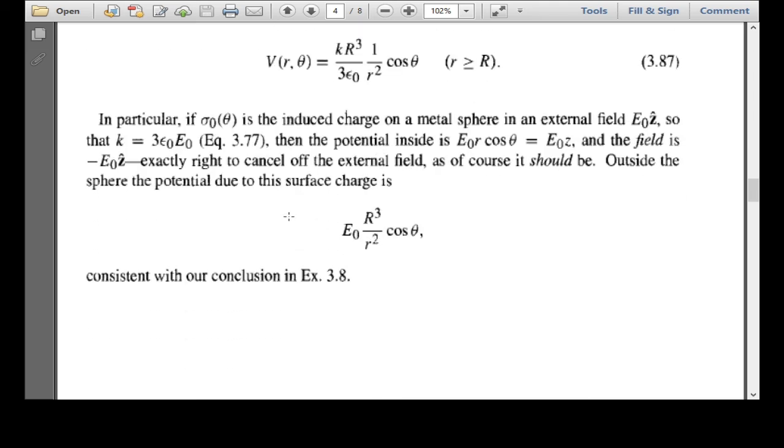If sigma 0 is the induced charge on a metal sphere in an external field E0, so that k is equal to 3 epsilon 0 E0, then the potential inside is E0 r cos theta, which is equal to E0 z, and the field is minus E0 z, exactly right to cancel the external field.